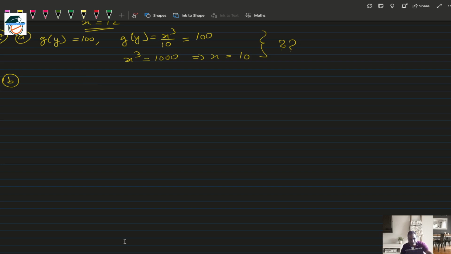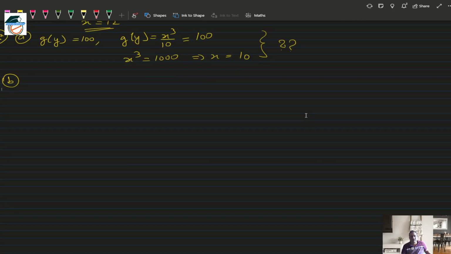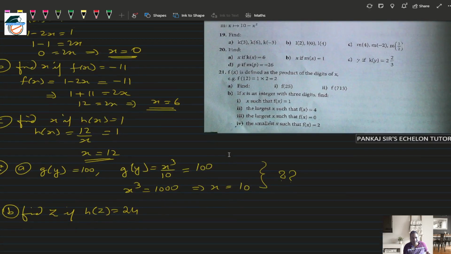Now in the b part, let us check the question first. 18b is find z if h of z is 24. Let me write down the question again for you. You have to find z this time, if h of z is equal to 24. Now, what is h of z given to us as?